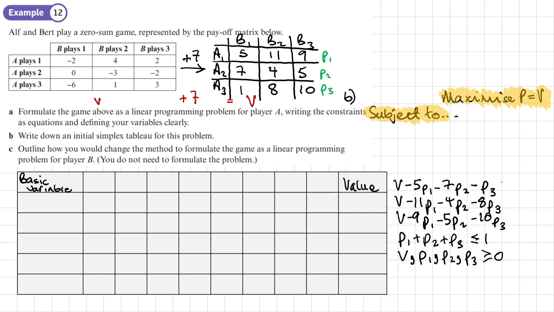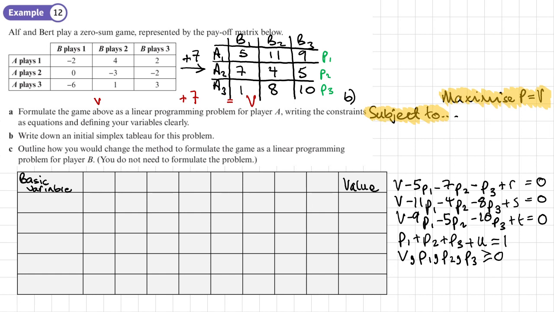So if we add R, S and T, we can now make these equal to 0. And because we want this inequality for our probabilities written as equal to 1, we're going to add a slack variable, could be a surplus variable, just the next letter in the alphabet, plus U is going to be equal to 1.